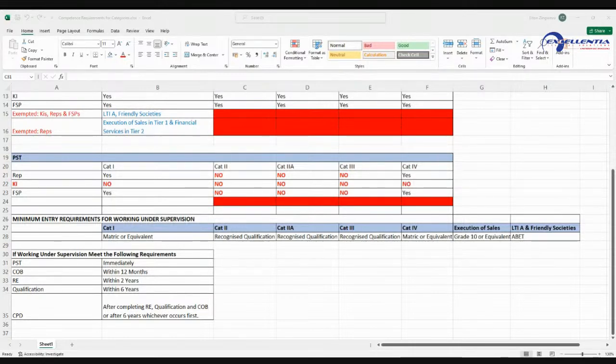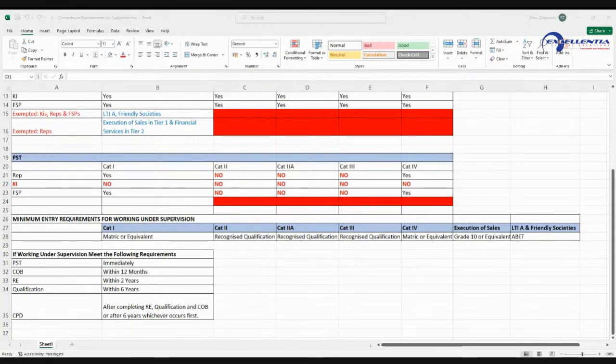And by virtue of that, when you join these categories, you must have a recognized qualification. Then Cat 4, you need matric or equivalent. So Cat 4 and Cat 1, generally, they look the same. Generally speaking, the requirements are the same for Cat 1 and for Cat 4.